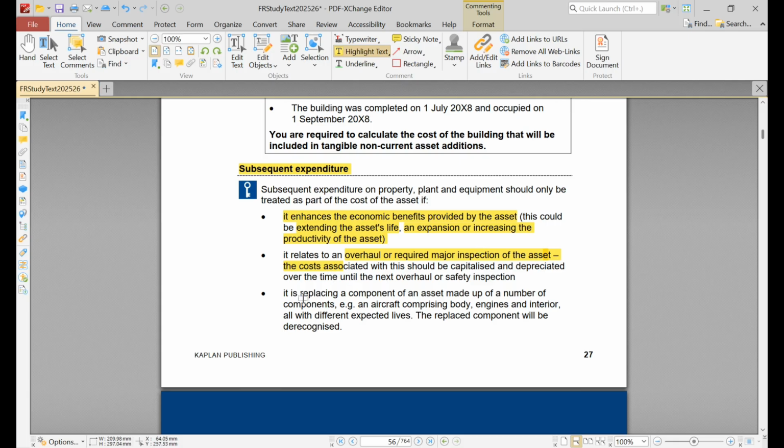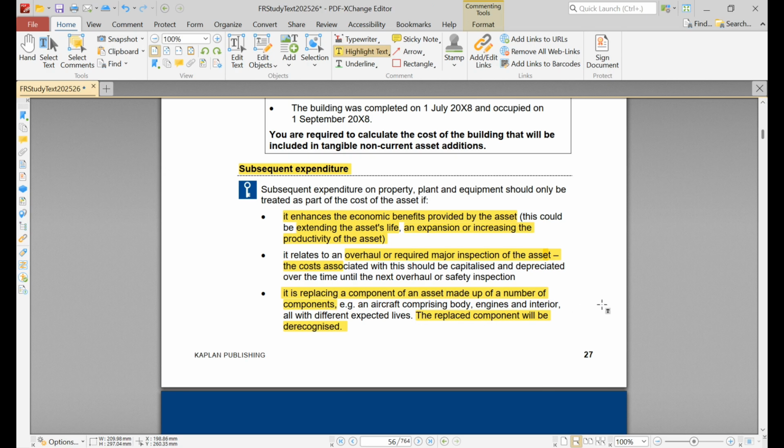Third criteria is that it is replacing a component of an asset made up of a number of components. For example, an aircraft comprising body, engines, interior, all with different expected lives. The replaced component will be derecognized.